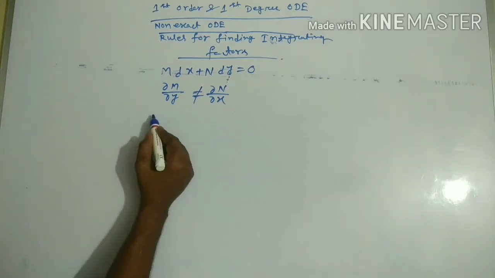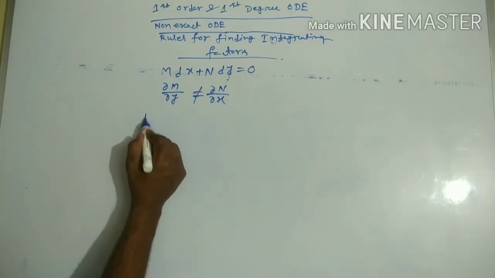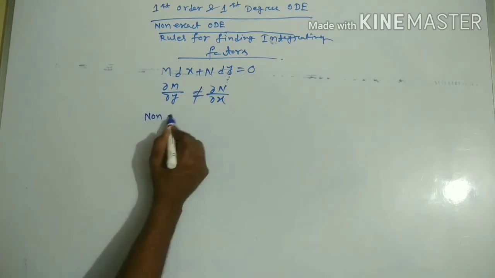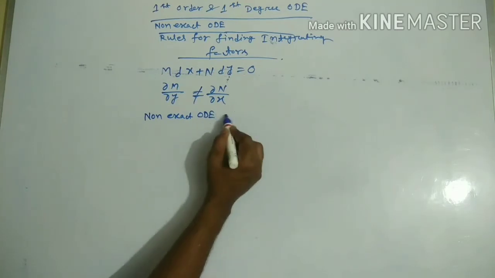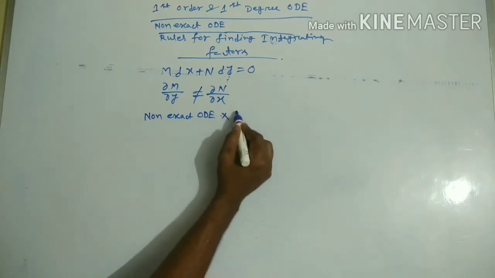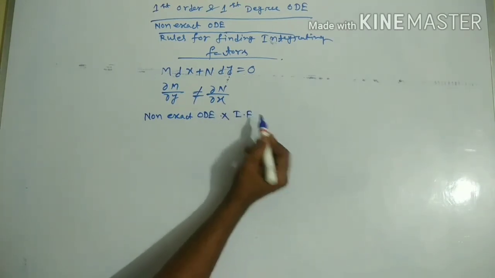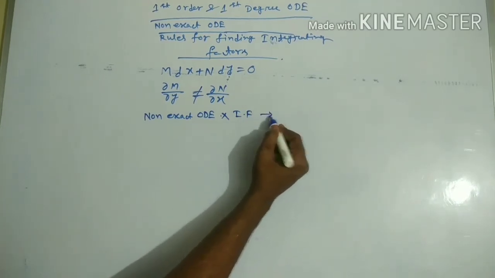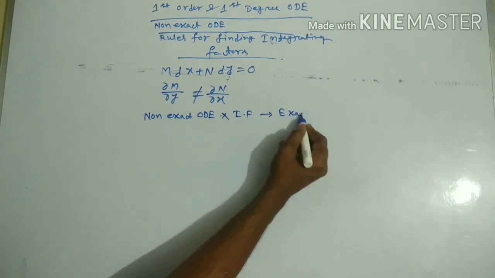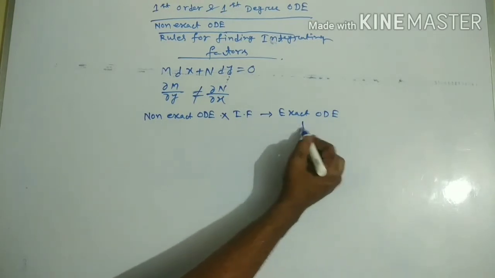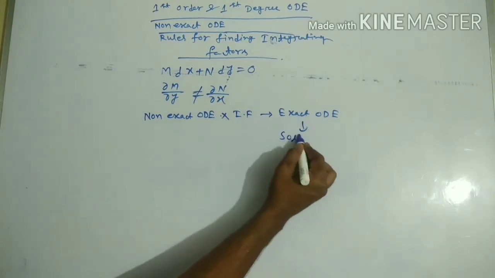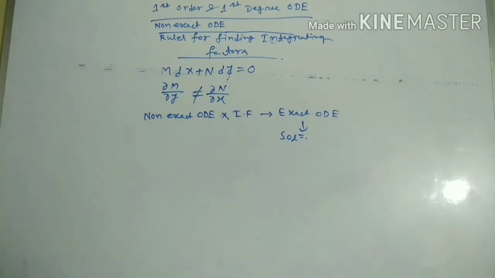So I write the algorithm here. Non-exact ODE is multiplied by integrating factor, then it becomes exact ODE, and then we get the solution.